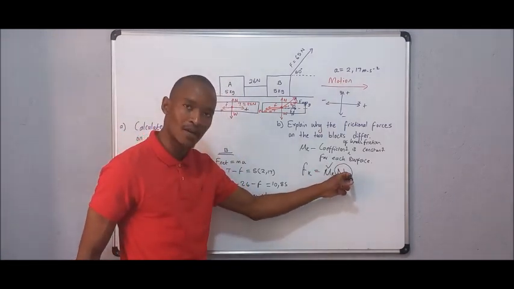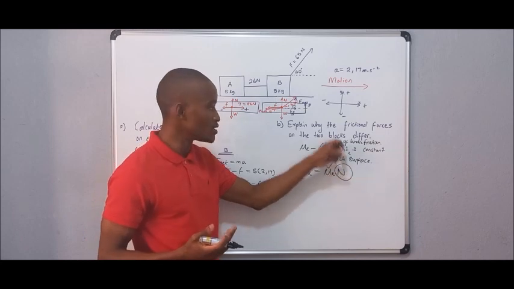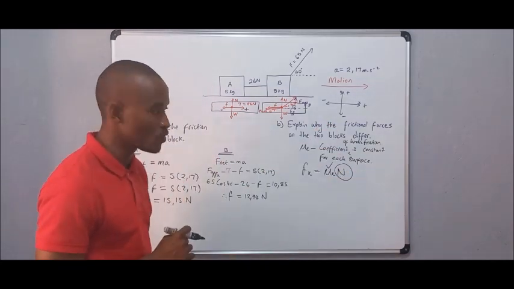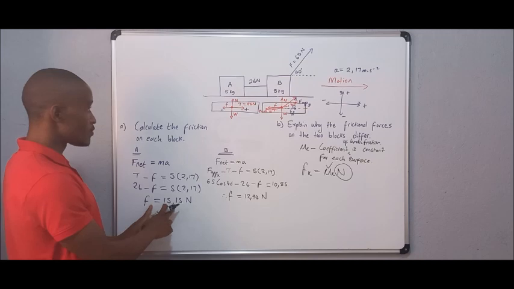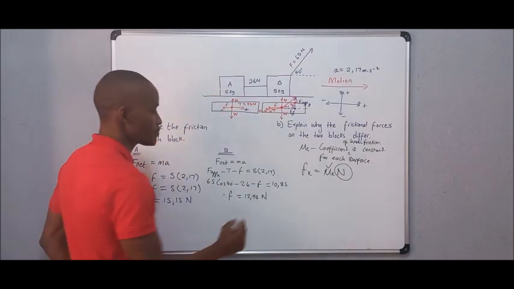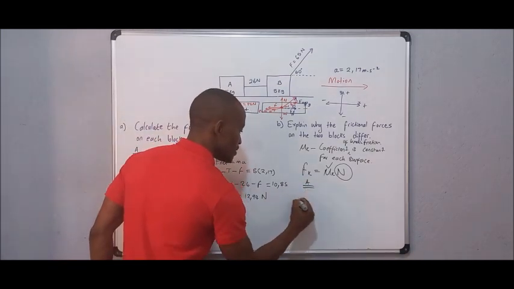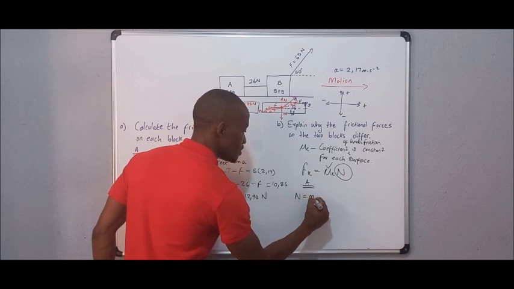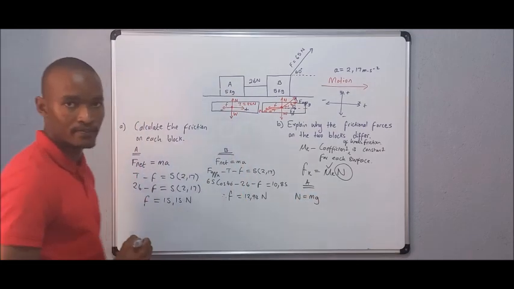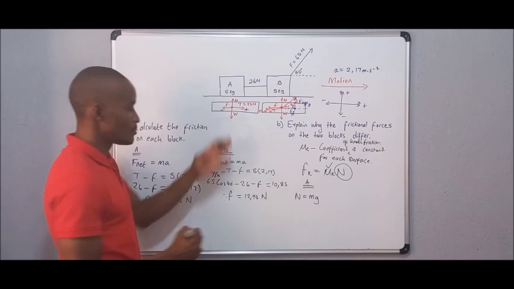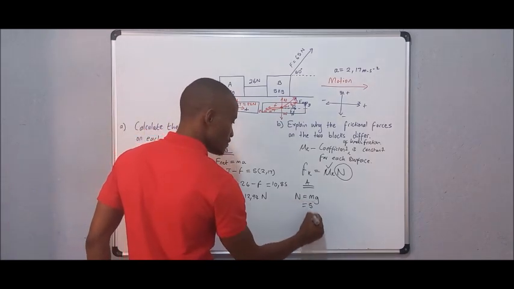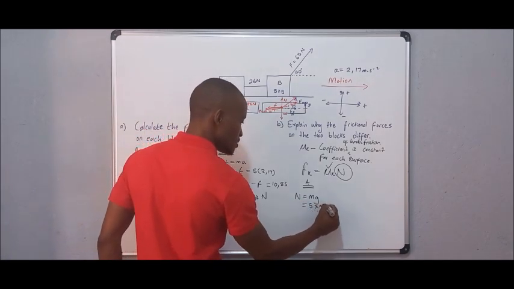Now this vector must come in and we use it to reason in terms of the answer to that question. What would be the normal force for block A? For A, the normal force will just be mg. What is the mass? The mass is 5 kg times 9.8.